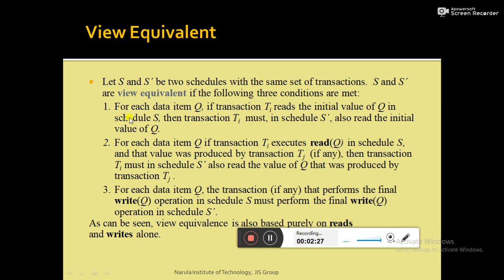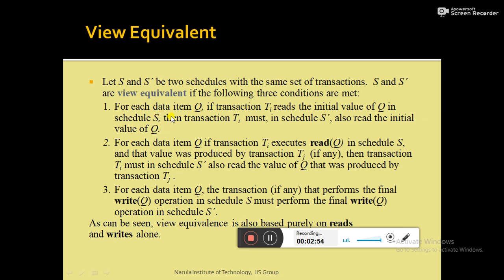So what is the first condition? It states that for each data item Q, if a transaction Ti reads the initial value of Q in schedule S, then transaction Ti must, in schedule S prime, also read the initial value of Q. This property is the initial read property. Now what does it mean?